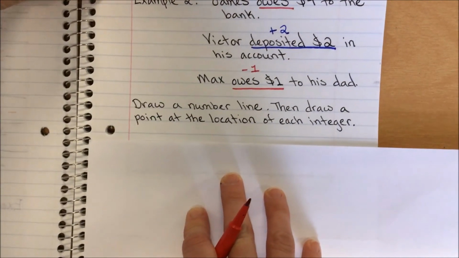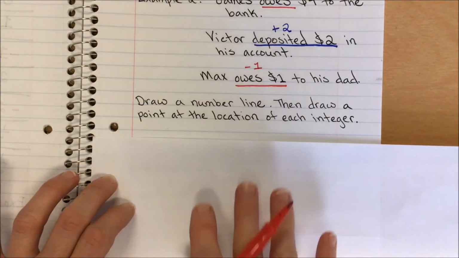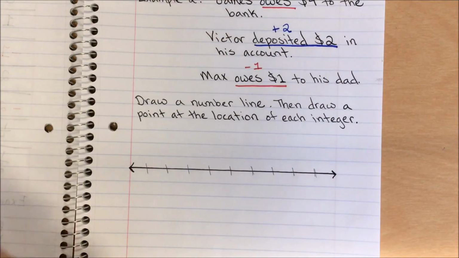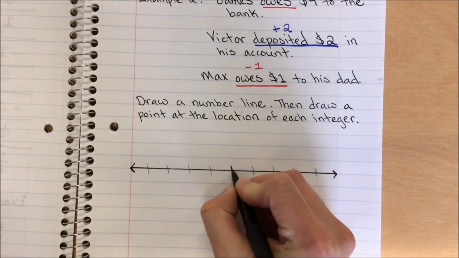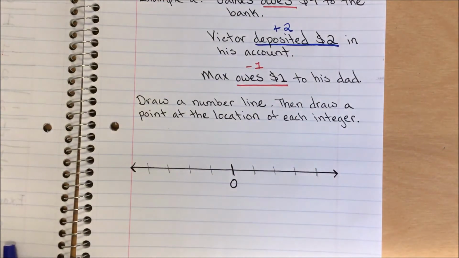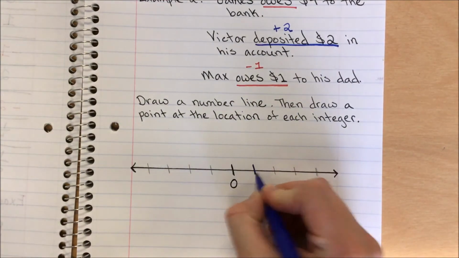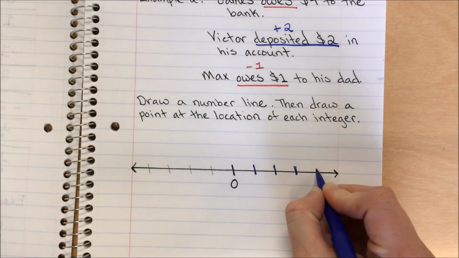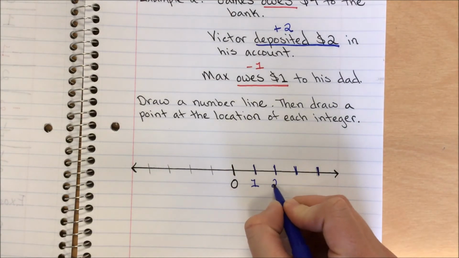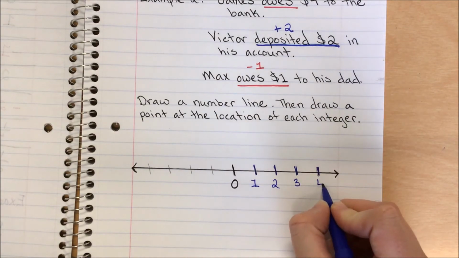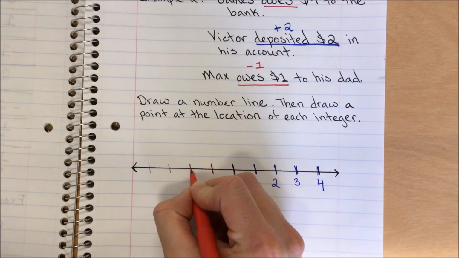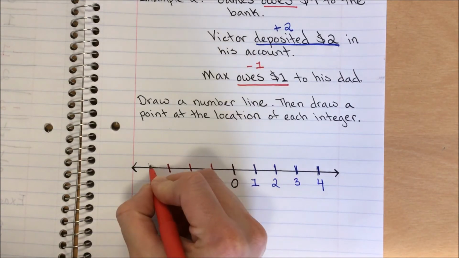Next, we want to draw a number line. Then we're going to draw a point at the location of each integer. So go ahead and draw your number line. We know that we're always going to start at 0. And I'm going to represent all of my positive numbers with the color blue, and all of my negatives are going to be red.